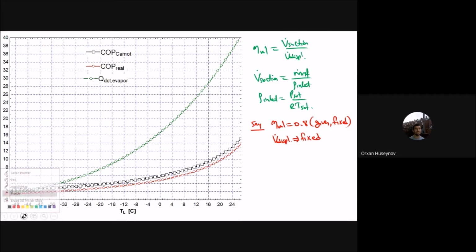So here you will have that, let me just write it, m dot will be equal to V dot suction multiplied with the rho inlet, which is P saturation divided by R T saturation. And this one is also constant because volumetric efficiency is constant. Therefore, this one will be constant too. So m dot, the mass flow rate, can increase or decrease depending on the saturation pressure and the saturation temperature.